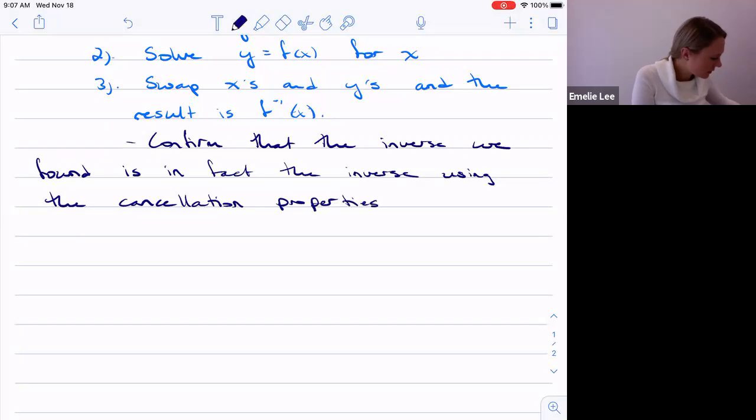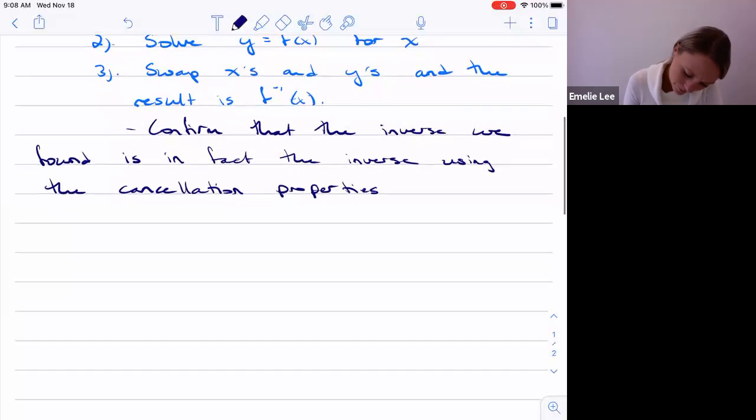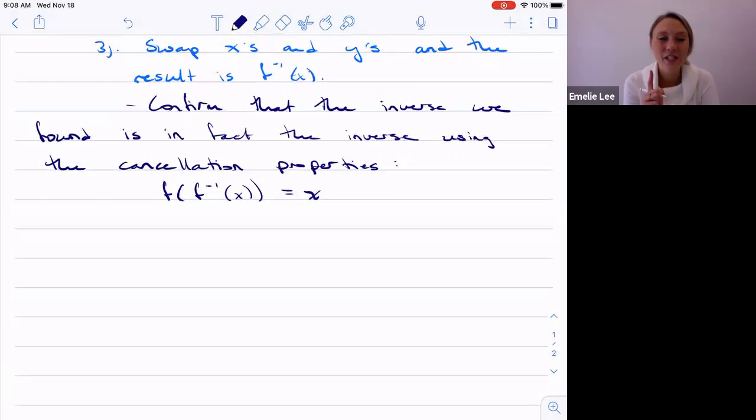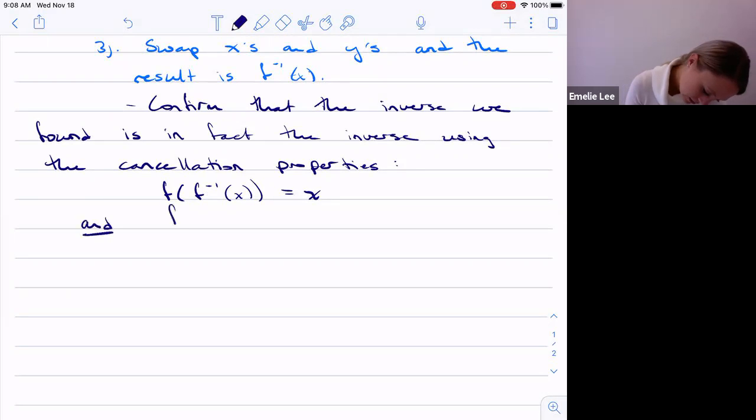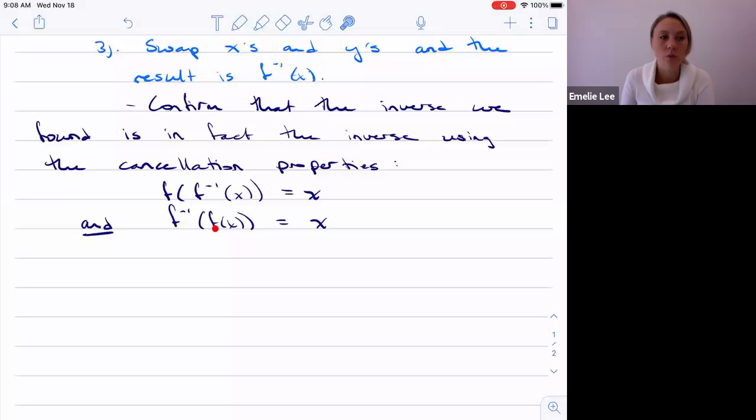Is that what we were calling them? Sorry, let me just confirm here. Yeah. Right. F of f inverse of x has to be equal to x, and so we have to prove it both ways, and f inverse of f of x is equal to x, right? So we have to show both.